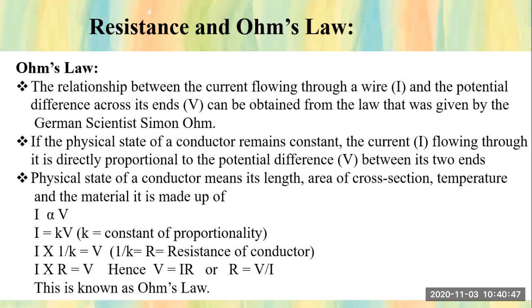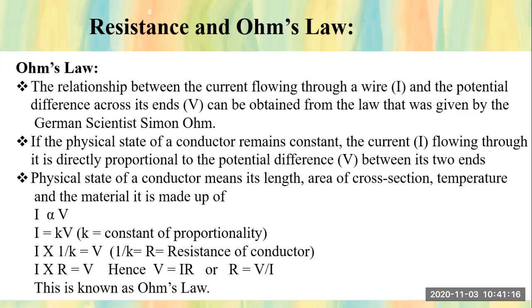I have taught you what physical state is. Physical state is nothing but length, area of cross section, temperature, and material the conductor is made up of. If all this physical state of a conductor remains constant, at that time the current I flowing through it is directly proportional to the potential difference.